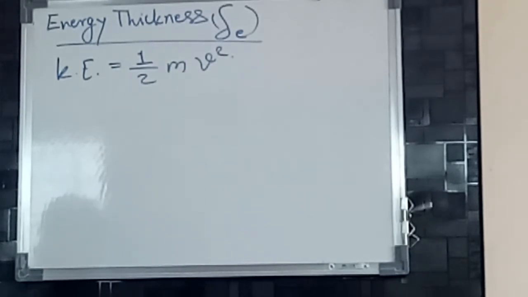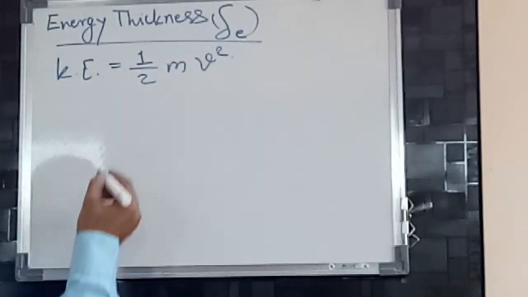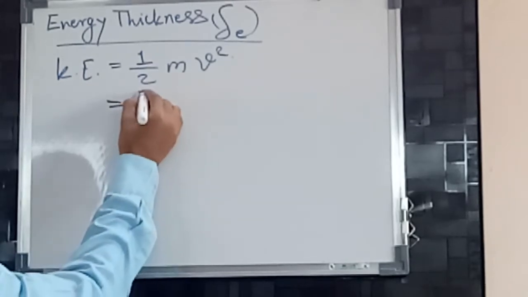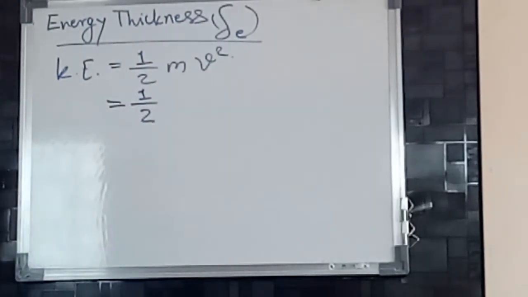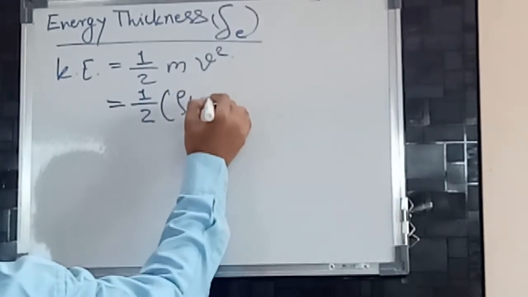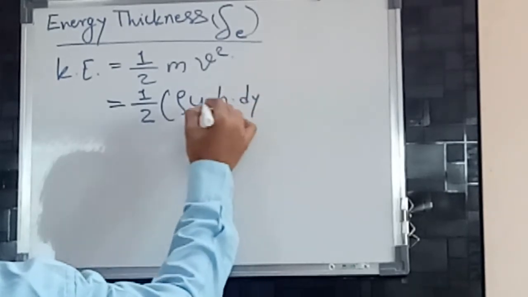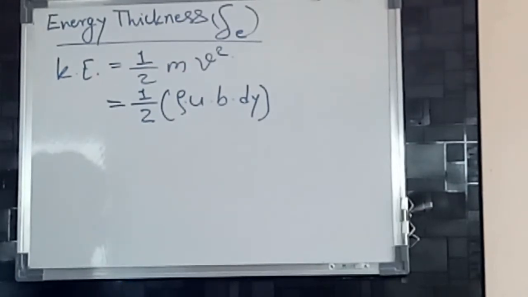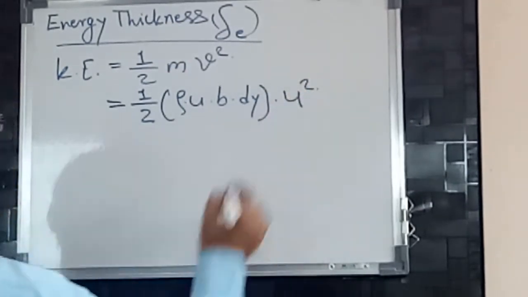This kinetic energy formula we are using. Now m means mass. So the kinetic energy of fluid, if the plate is placed, what parameters will come? We will see. 1/2. What is the mass? Rho u into b into dy. This is the mass. And what about v square? If we have placed the plate, then that is u square.